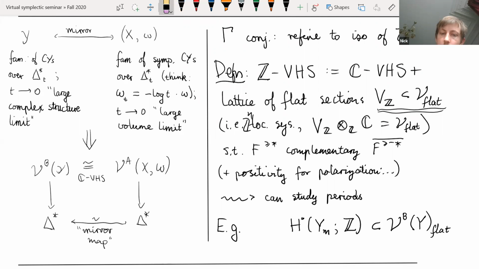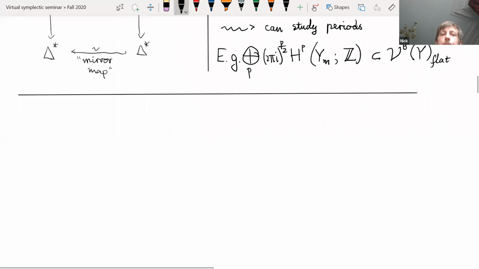So actually, we want to change it slightly. We want to multiply it by some powers of 2 pi i, but don't worry too much about that. Just think about it as recording the data of the integral cohomology of the fibers.